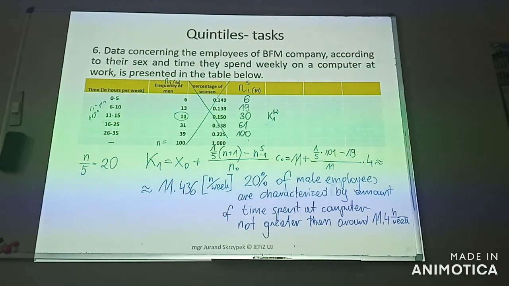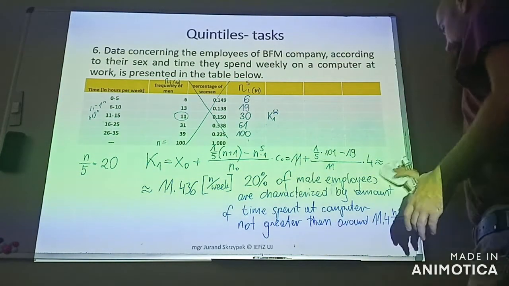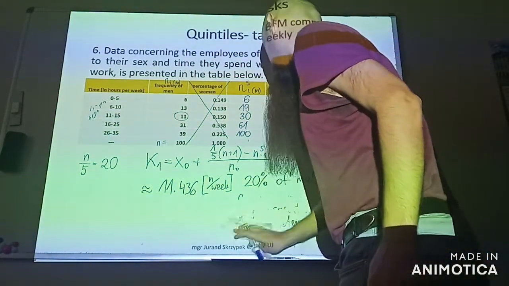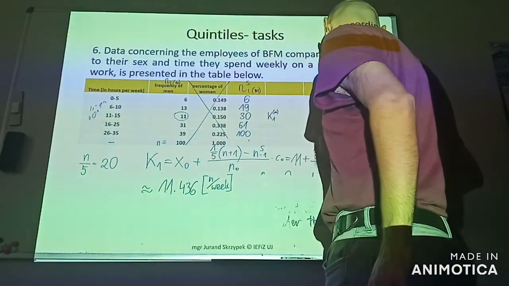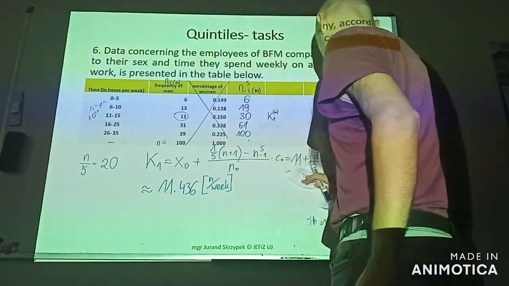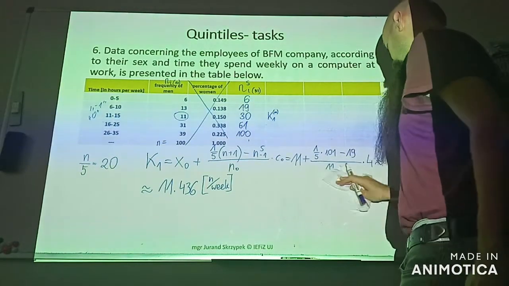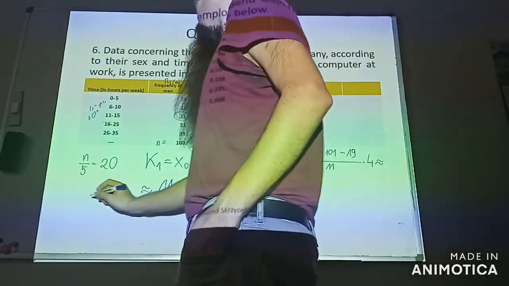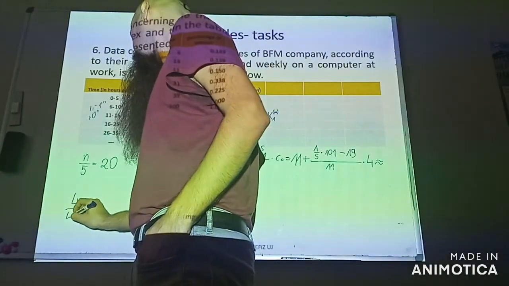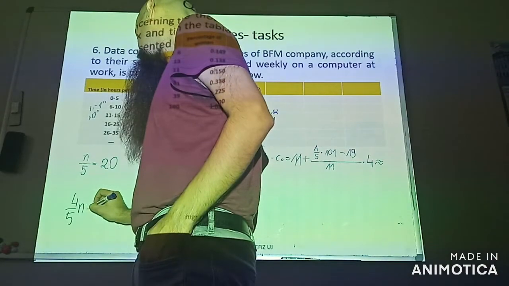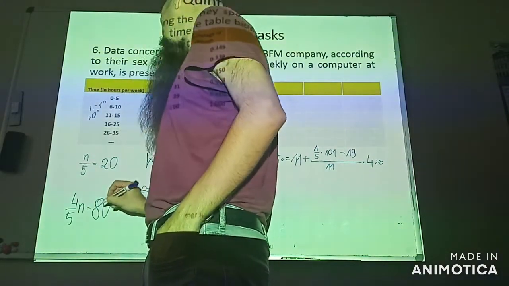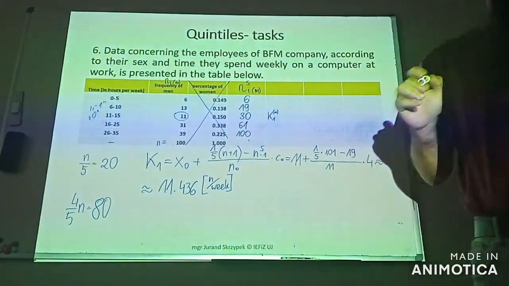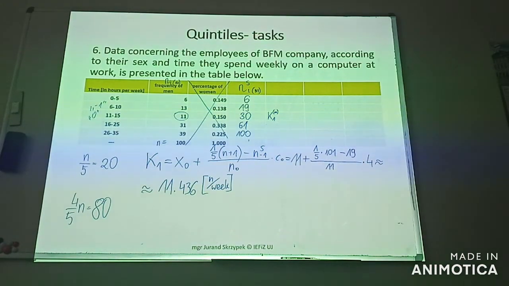All right, we can also find the last quintile, which is the fourth quintile. We need 80% of the population. Obviously, it is determined by 80 people.